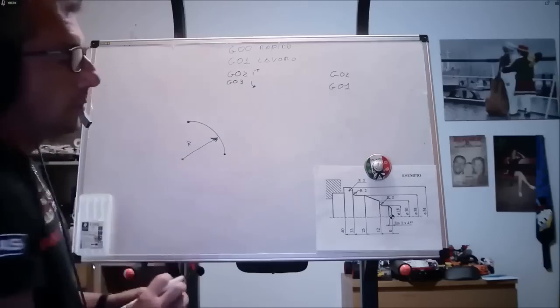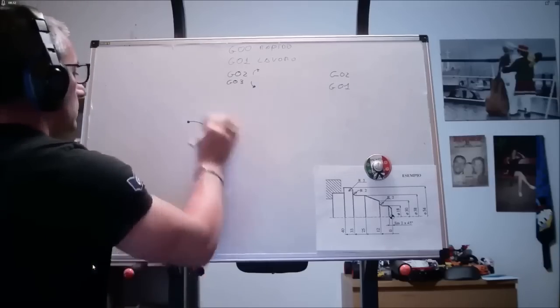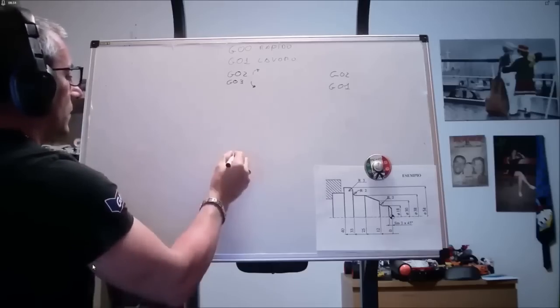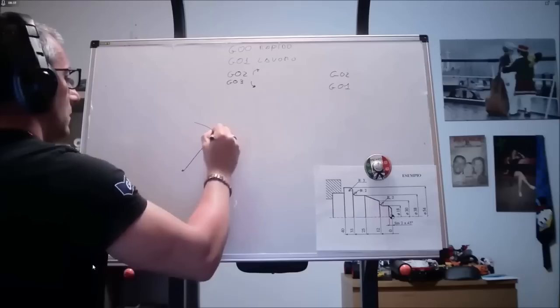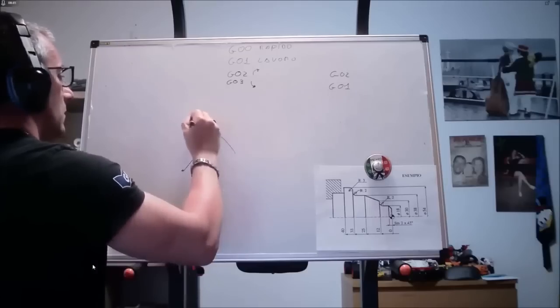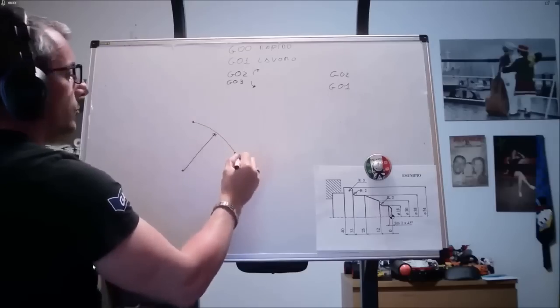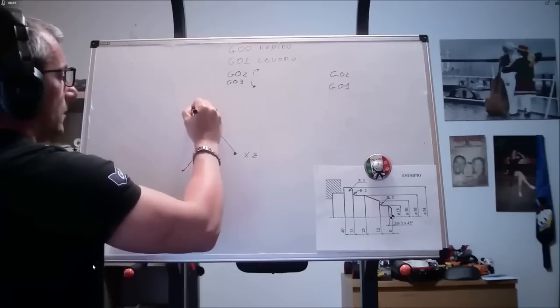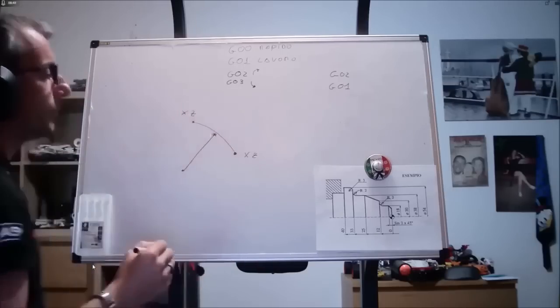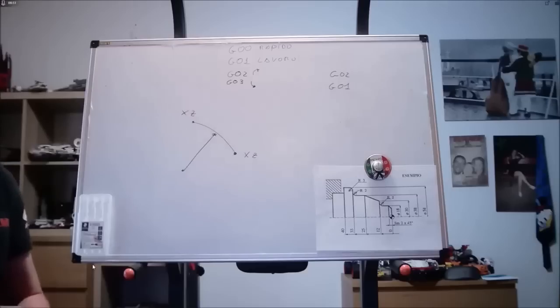So I will draw it in a way that is clear and easy to understand. If this was my starting point, I would mark it with an X and a Z, which are the coordinates that determined its exact location. This was my final point, with an X and a Z that determined it.